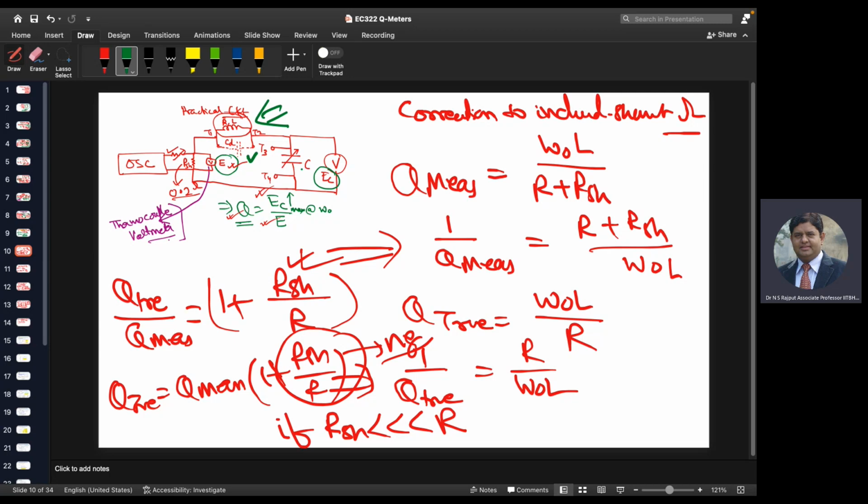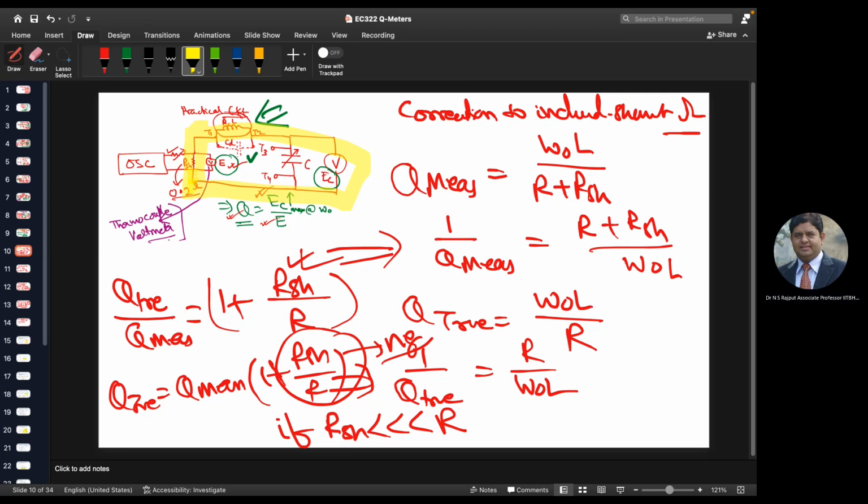Similarly, in this whole circuit, the actual effective resistance has been supposed to be capital R only, whereas actually R is not that much. In fact, there is a shunt resistance RSH applied, right?